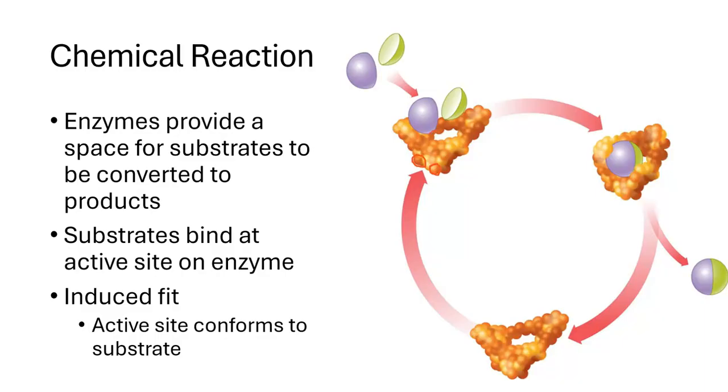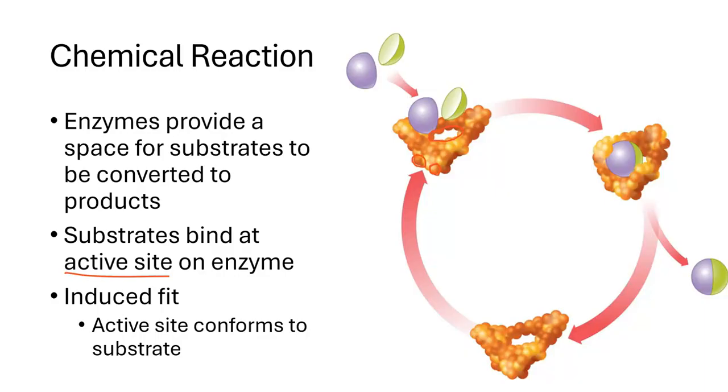And we notice that there's a hole right here. There's a portion of the enzyme where the substrate molecule is going to come in and bind to the enzyme. And this area is called the active site. So it's only a region of the enzyme, the overall enzyme, in which the substrates bind to.